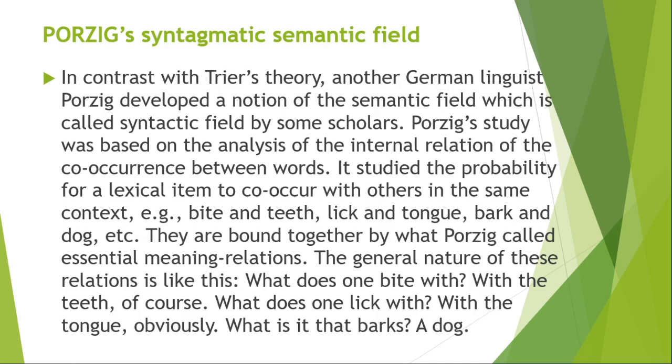Teeth and bite have a relation, lick and tongue have a relation, bark and dog have a relation, and all these relations are syntagmatic. But there is a semantic link, a meaning association, between these words, although they are used horizontally in a sentence structure, not as paradigmatic choices.